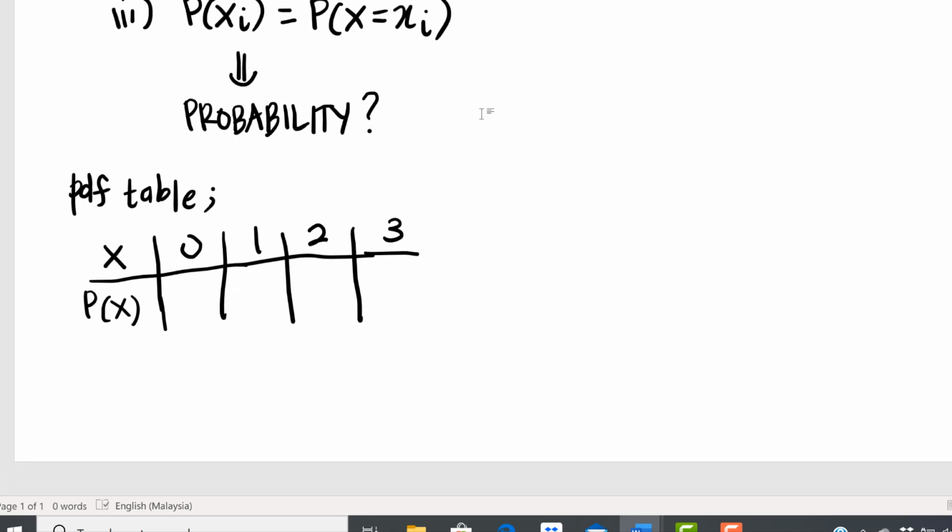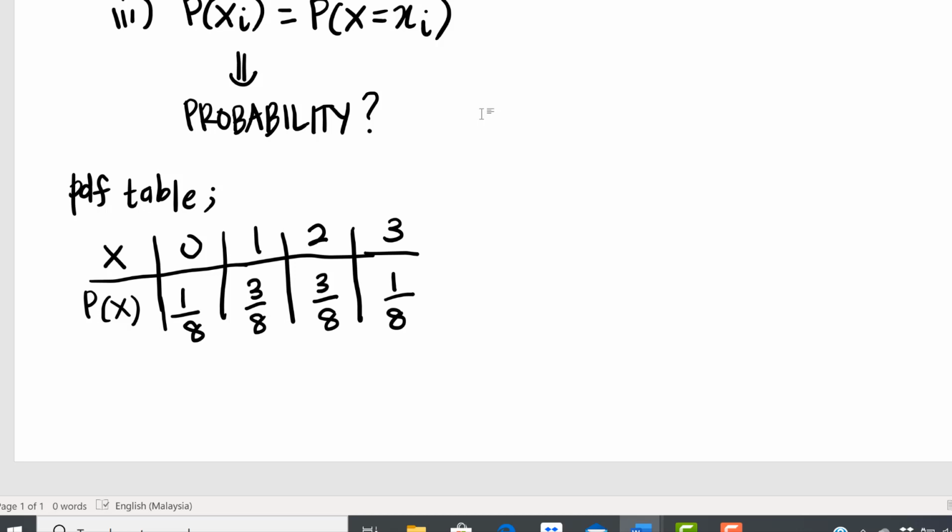For x equal to 0, the probability is 1 over 8. When x equal to 1, the probability is 3 over 8. When x equal to 2, the probability is 3 over 8. And when x is equal to 3, the probability is 1 over 8.